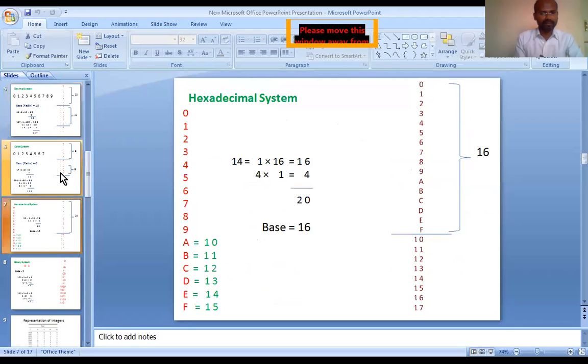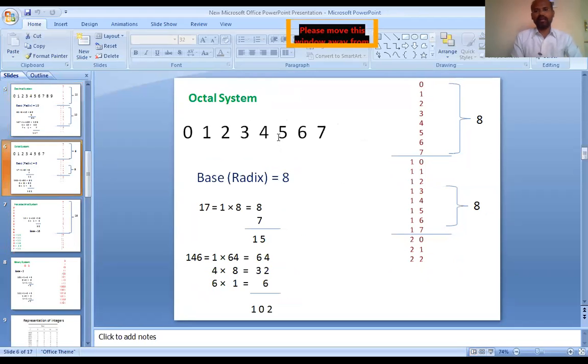And we have another system called the octal system. In the octal system, we have the following symbols: 0, 1, 2, 3, 4, 5, 6, 7. The octal system makes use of these 8 symbols. There are 8 different symbols, 0 through 7.